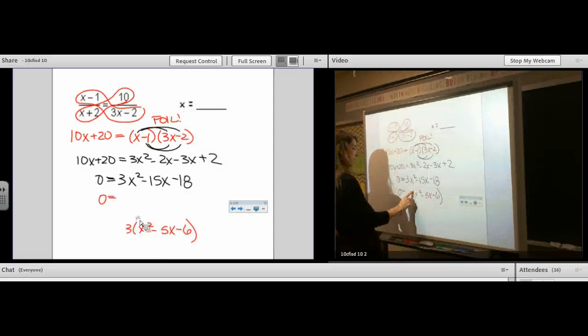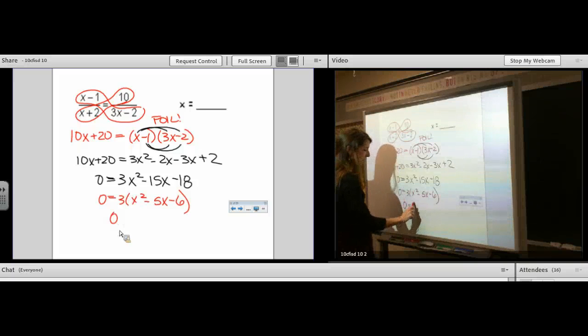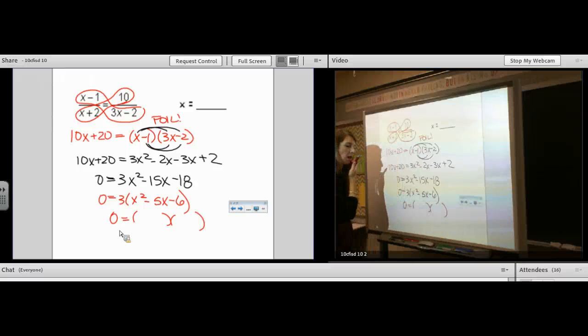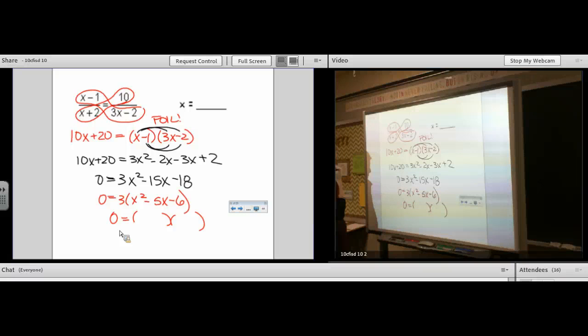There we go. I needed to extend my page. Okay. So now we really don't have to worry about the 3 anymore. We just need to factor this guy. 2 and 3. Nope. Six and 1.